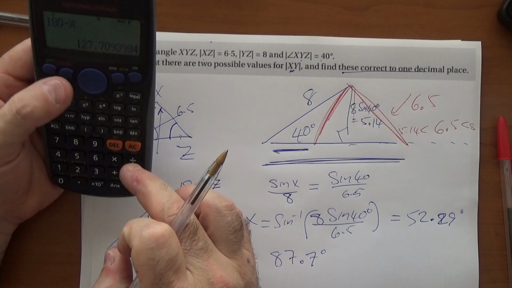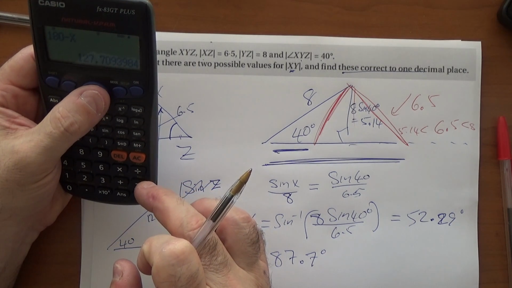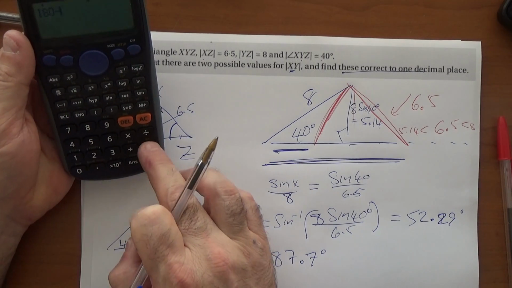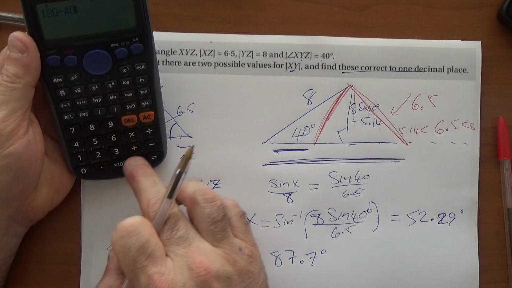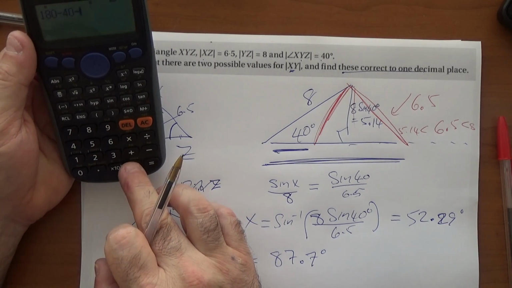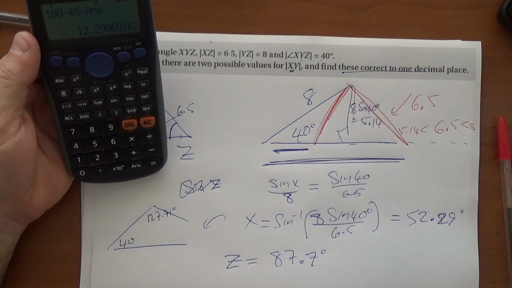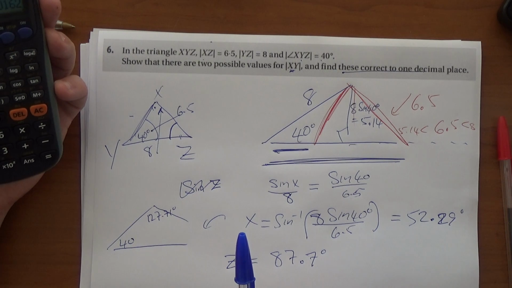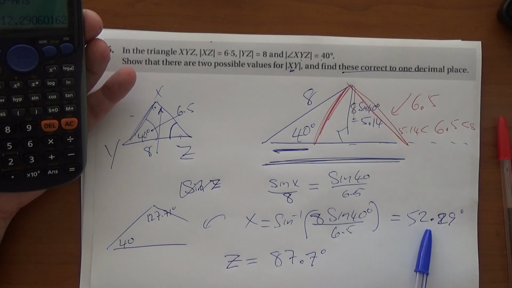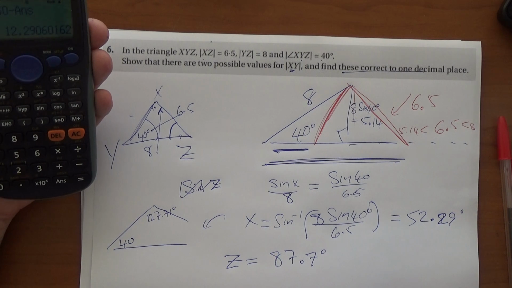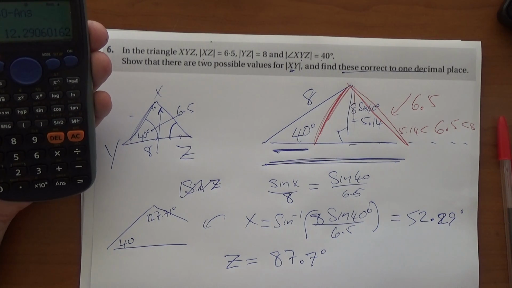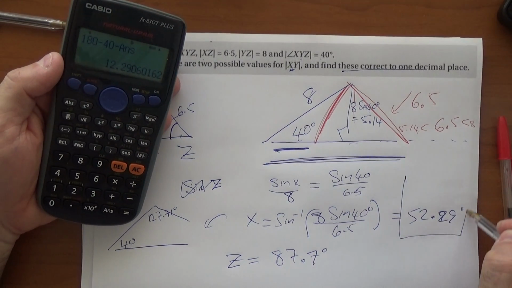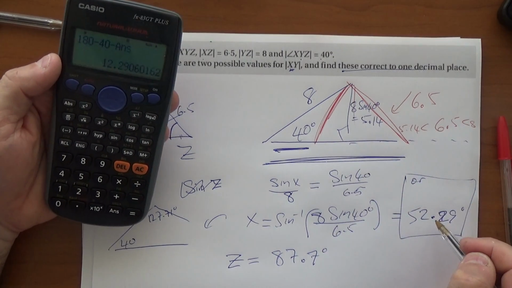And then we would have got 180 minus 40 minus the answer, and once that's not negative, it's allowed. I forgot to write that down. So x is equal to 42.28 or 180 minus it.